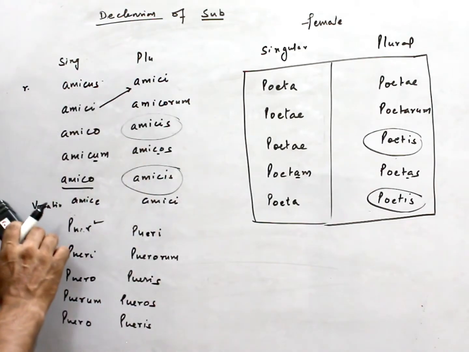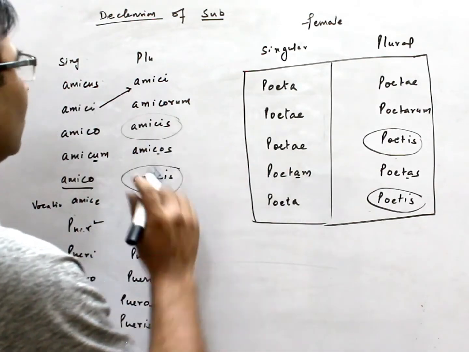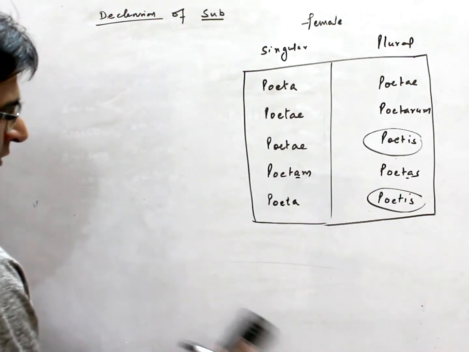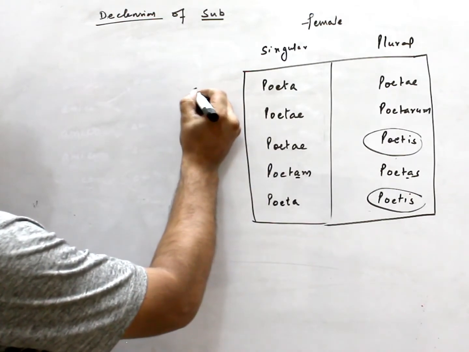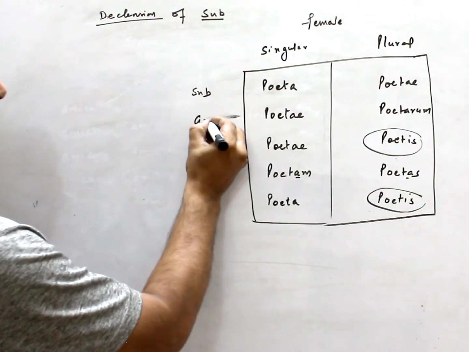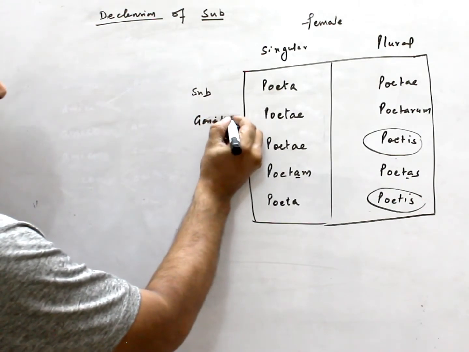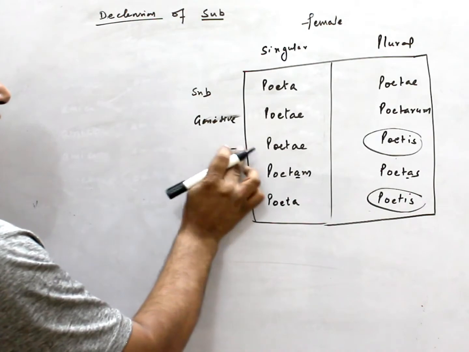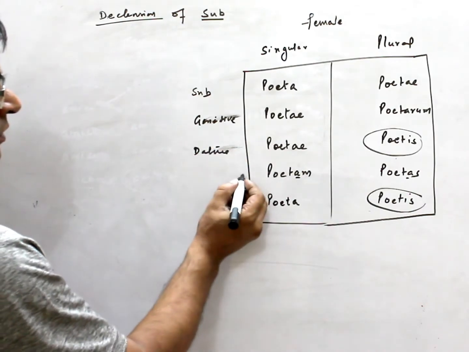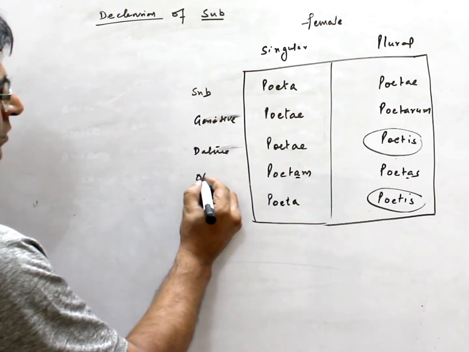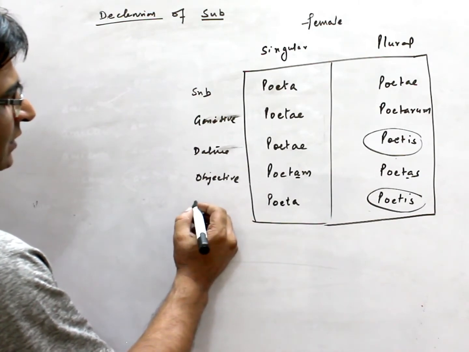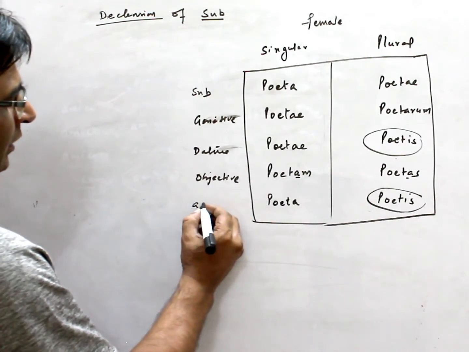So these are declensions, and you also remember this part is subject, this is genitive, this is dative, this is objective, and this is ablative.